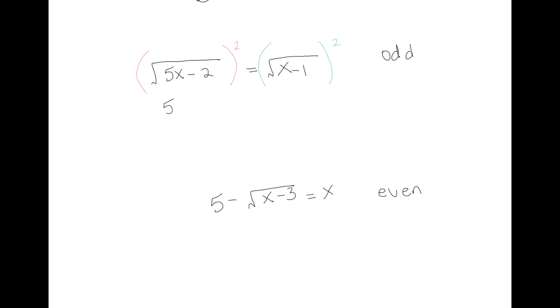So it comes out of the square root sign. 5x minus 2 equals x minus 1. 4x minus 2 equals minus 1, plus 2 plus 2. 4x equals 1.